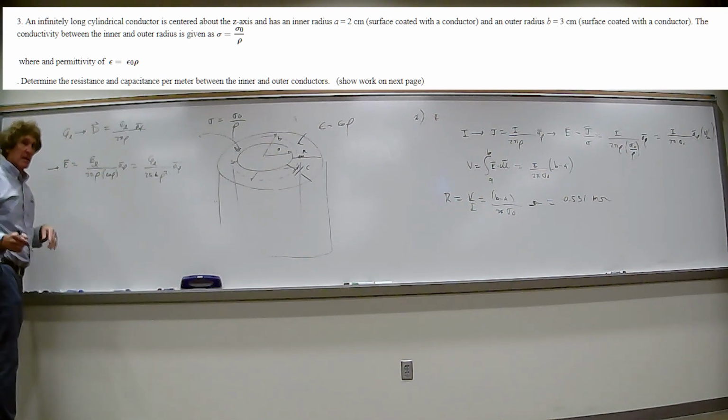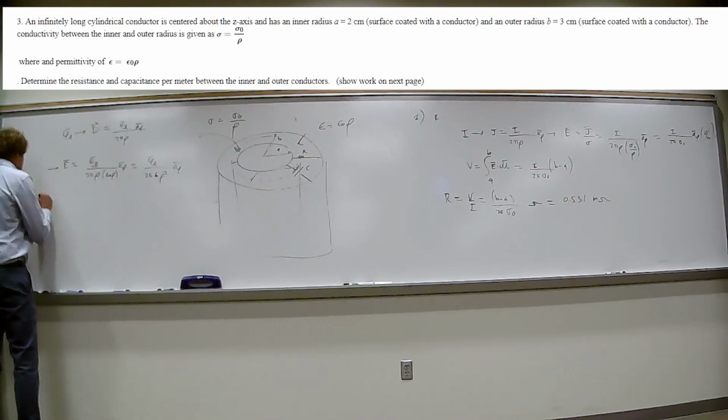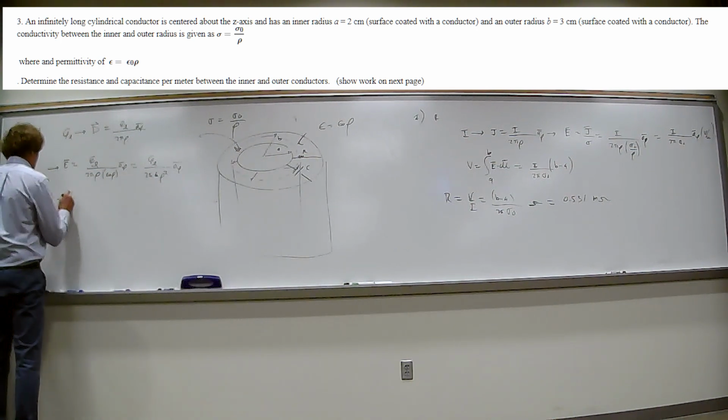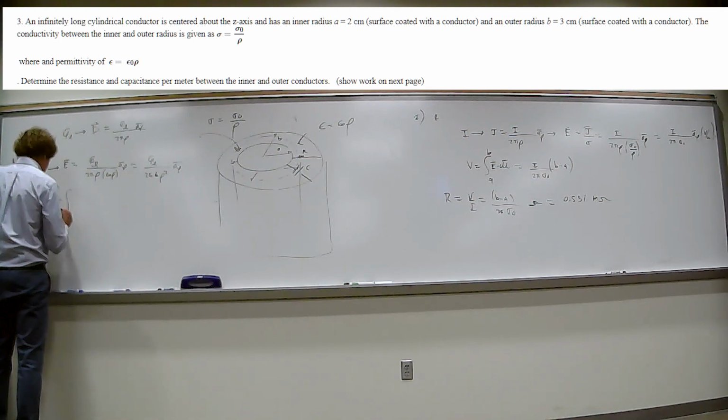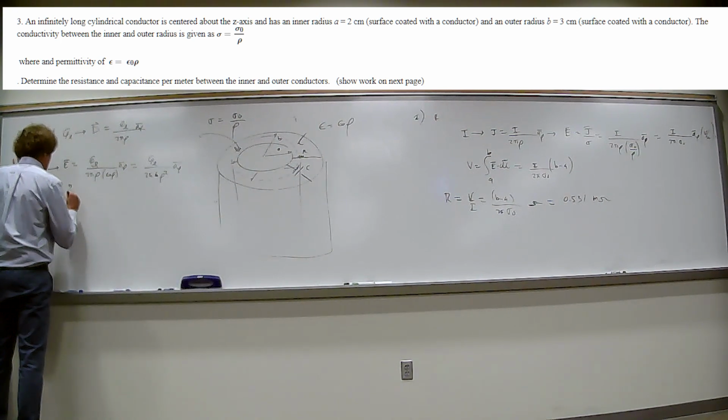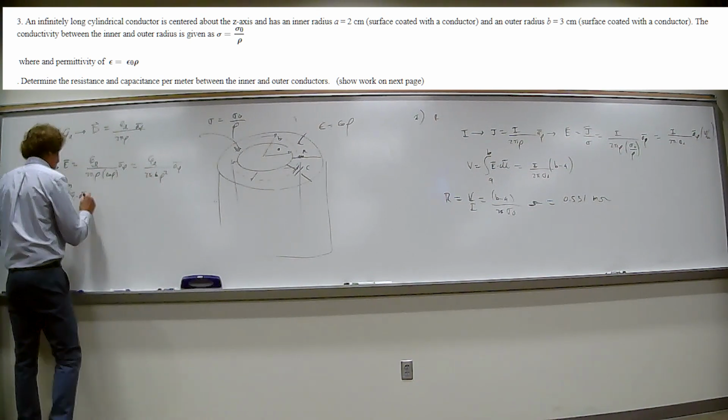And then finally, to get the voltage, you can put minus the integral of the E field dot dl. Really, you can use absolute value, it won't matter.